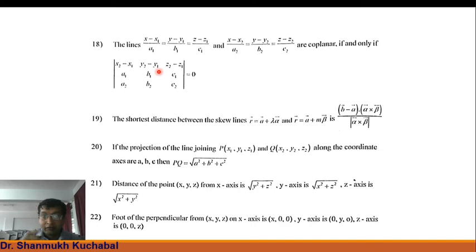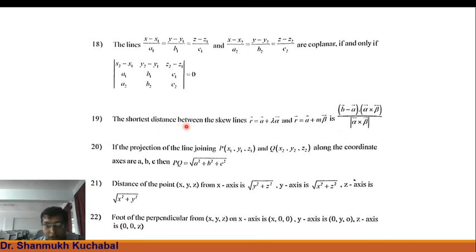I take the first row as x2 minus x1, y2 minus y1, z2 minus z1, just the difference. Then the next row is a1, b1, c1, and then a2, b2, c2, and this determinant value I take as 0. So that is the 19th point.